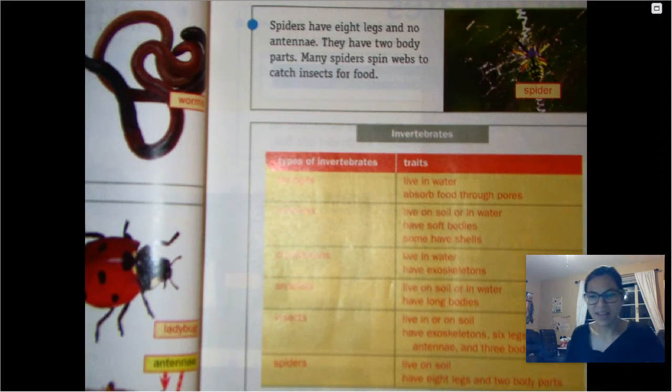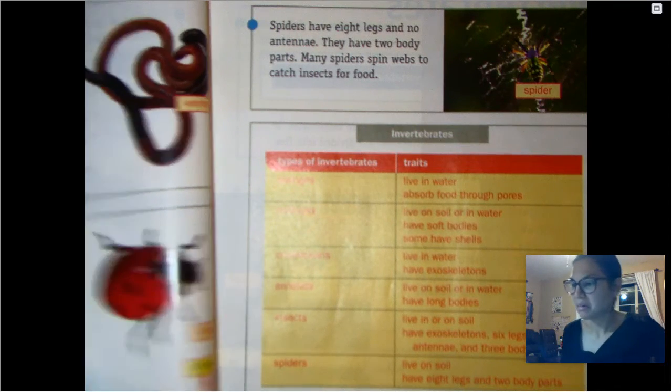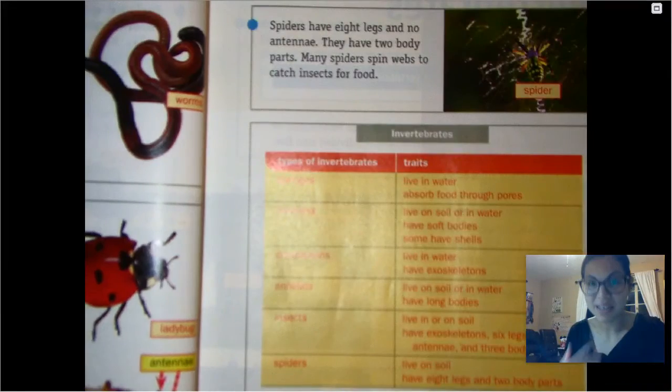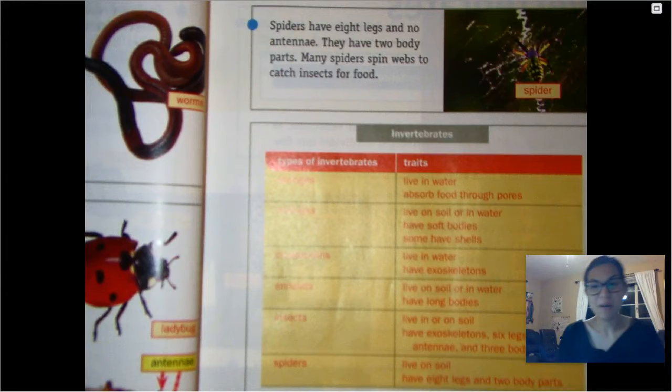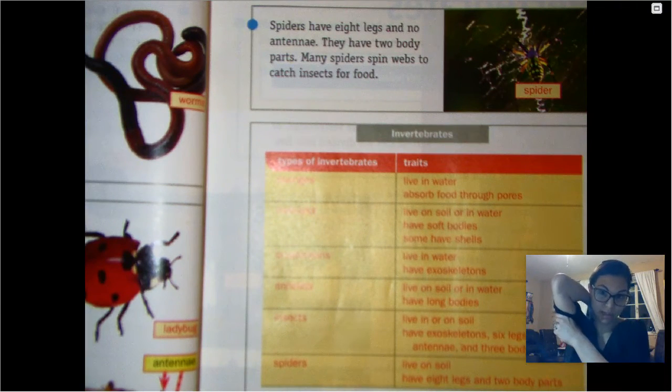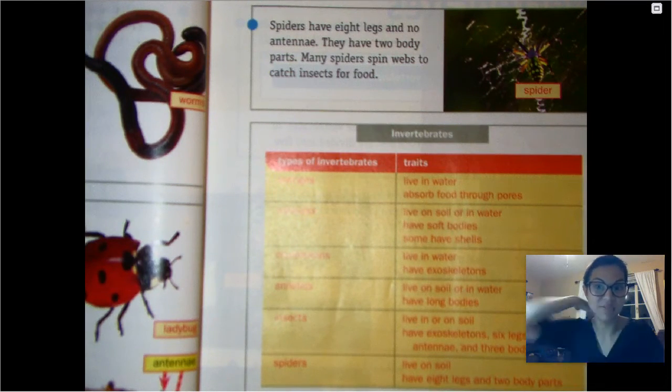Real quick, I don't think I went over what an invertebrate even is. I know we did go over it very briefly as we talked about what vertebrates are. Invertebrates are living things or animals that do not have a backbone or spine. Okay, so right now I want all of you to feel your back and feel your backbone. All right, invertebrates don't have that.